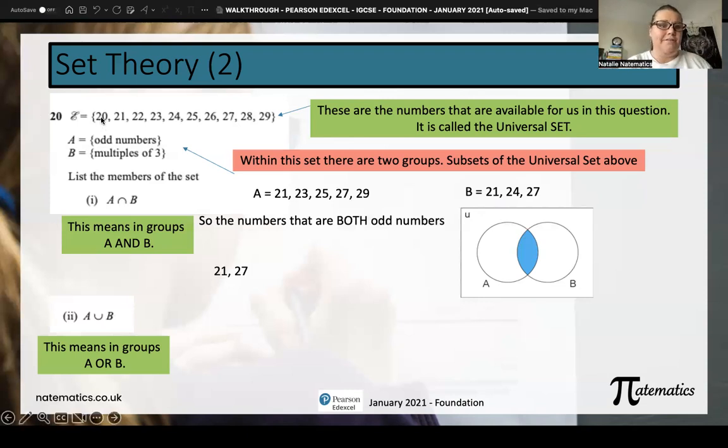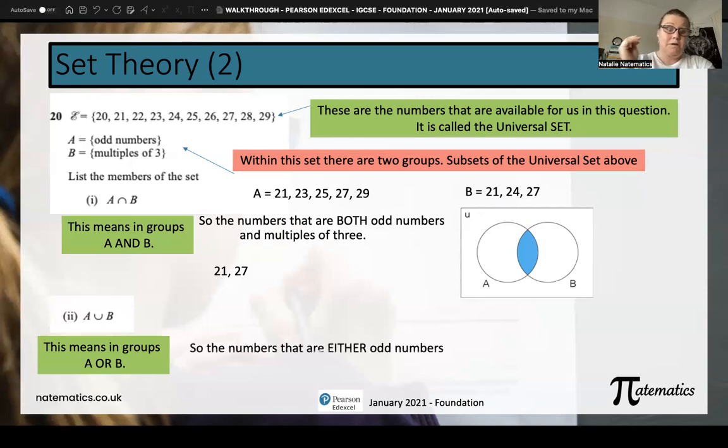You'll find that a number has got to be either an odd number or a multiple of 3. Sorry, terminology, let me change that: the numbers that are odd numbers or multiples of 3.